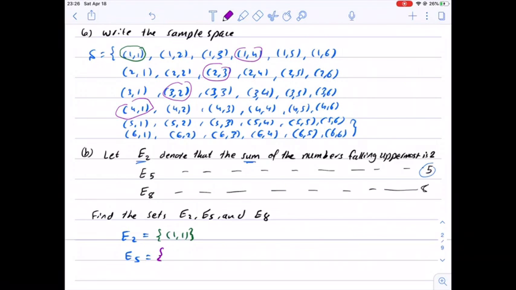So we have the following elements: 1, 4, 4, 1, 2, 3, 3, 2. So we have 4 elements. Is there any other elements we left here? So 1, 4, 4, 1, 2, 3, 3, 2.